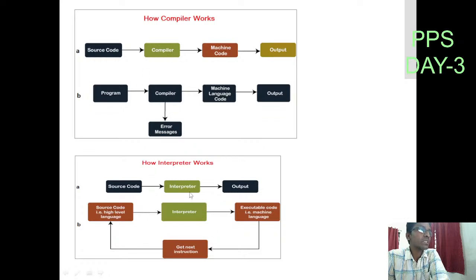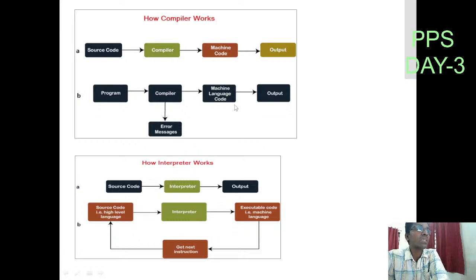Whereas an interpreter executes line by line. If any error occurs on a particular line, you need to correct that error, and after that it will continue with the next instructions. Like that, the interpreter executes the program line by line.